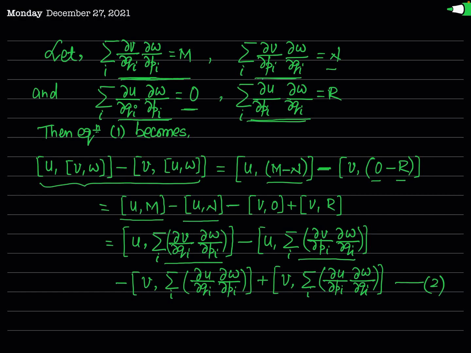Similarly, for O and R, we can write the expressions as mentioned here. And so this expression becomes like the equation defined in equation 2. Now we will simplify this RHS of equation 2 by using an important property of the Poisson bracket. You can see this property.